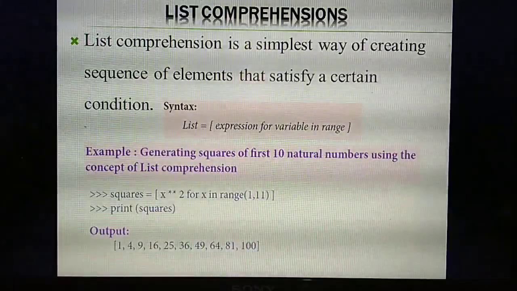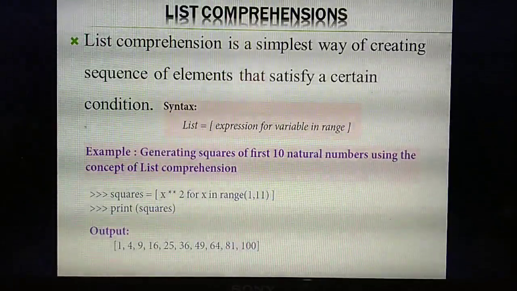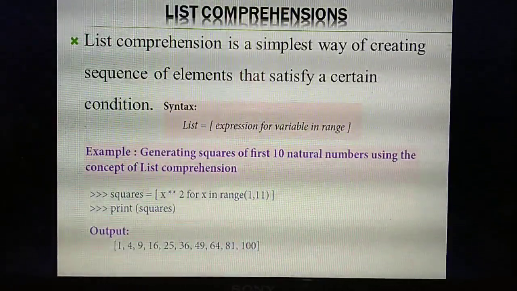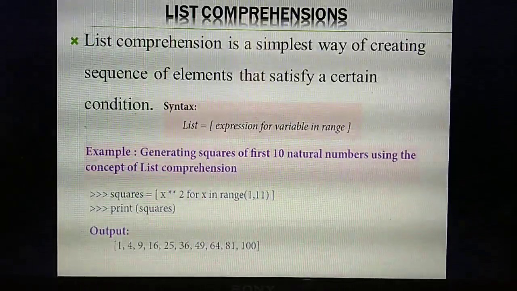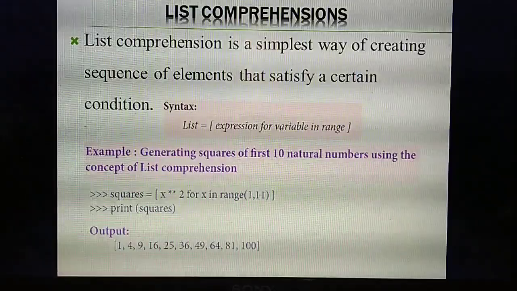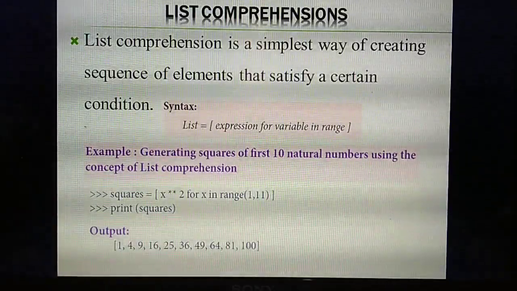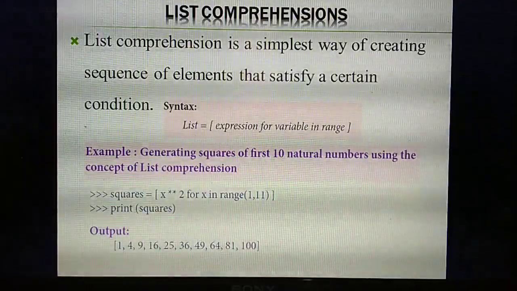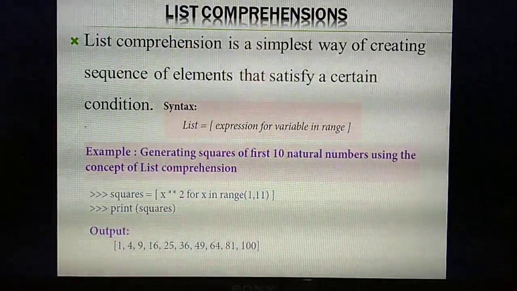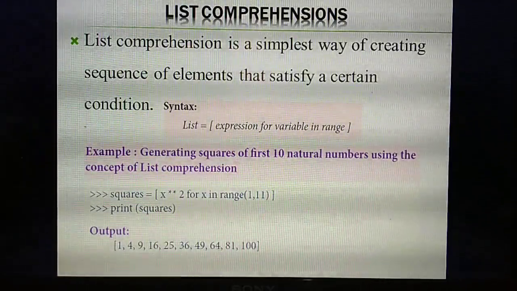So you are giving some expressions, some formulas or conditions, and that formula should satisfy some conditions. So what do we mean by list comprehension? Inside the list you are giving some expressions or formulas that should satisfy certain conditions.